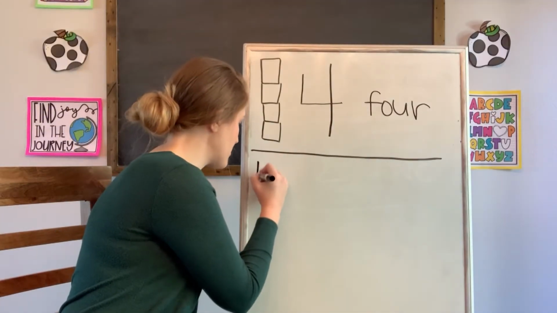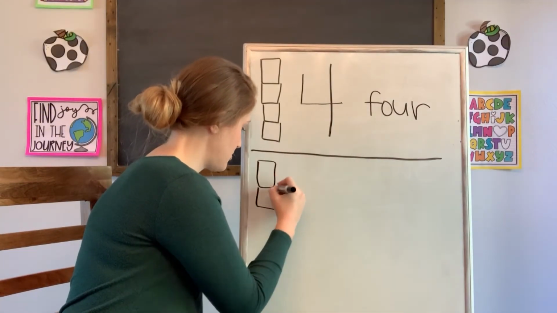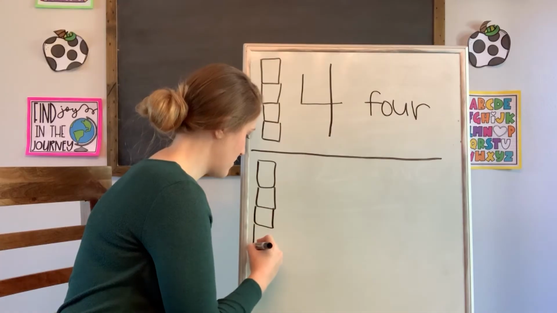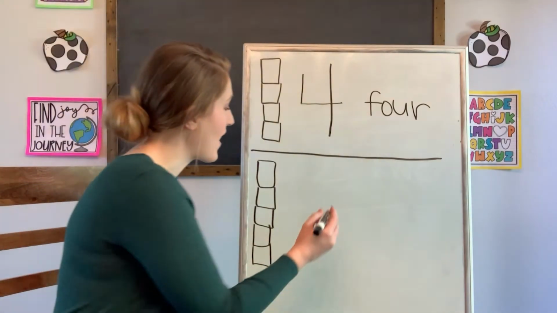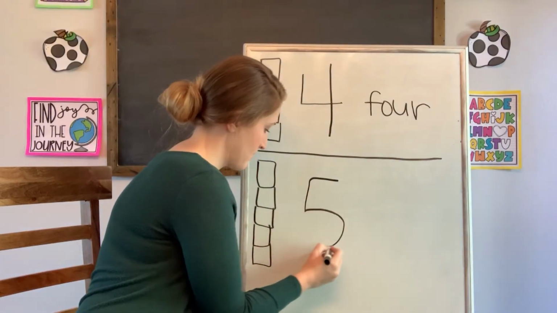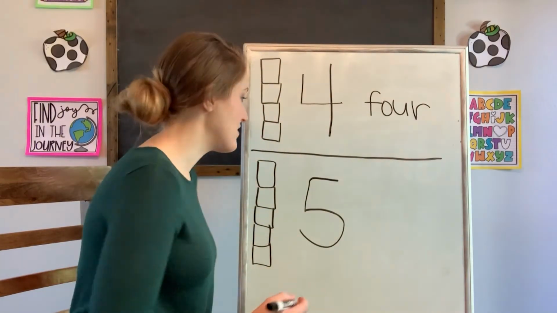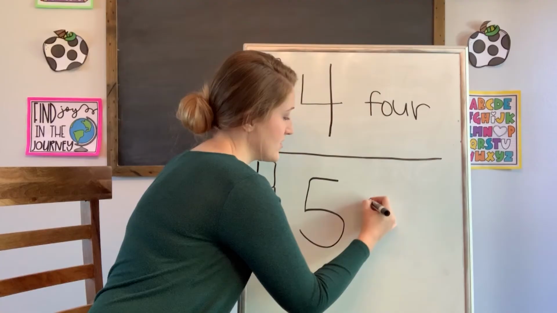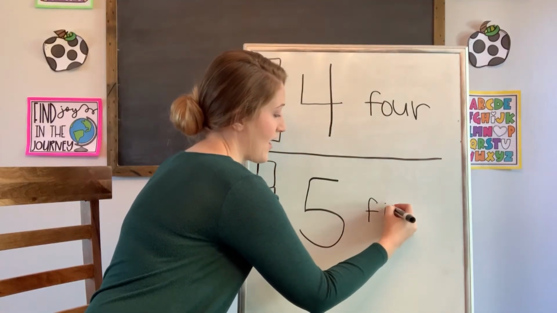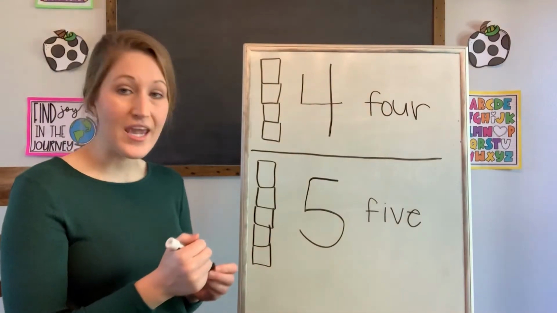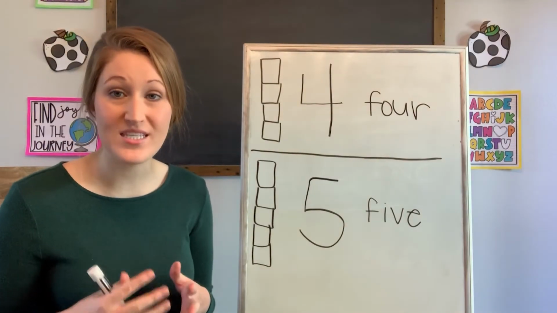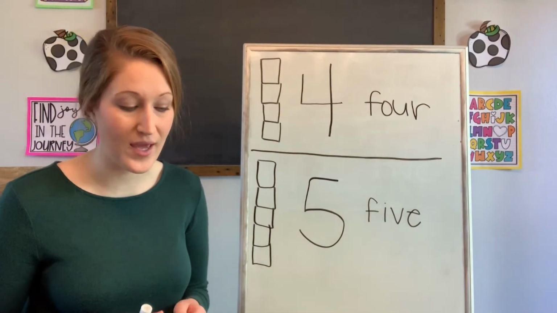We're going to draw our picture. 2, 3, 4, 5. We're going to write the number 5. And we're going to spell the number 5. 5 is F-I-V-E.